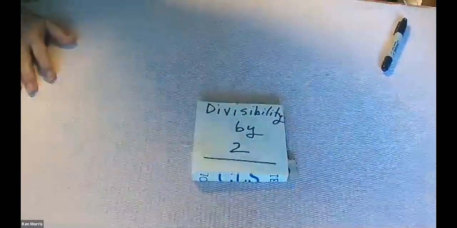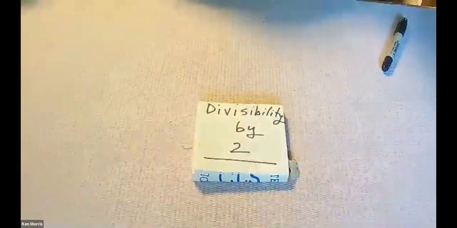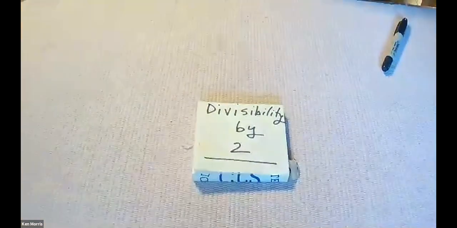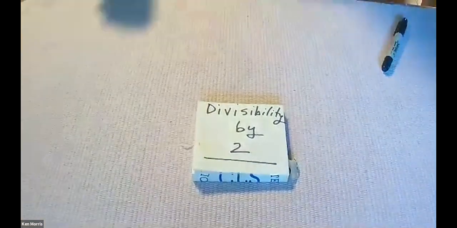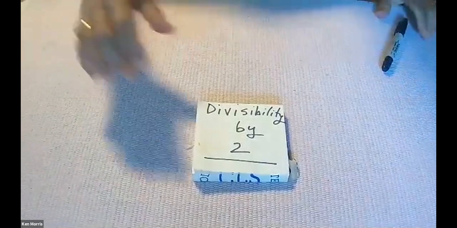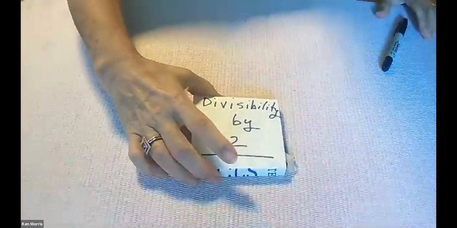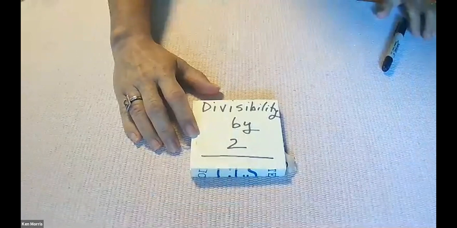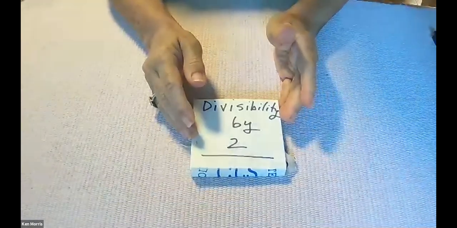So we're going to be looking at some patterns in what numbers can be divided, in this case by 2, without a remainder, okay? What numbers can be divided by 2 without a remainder?